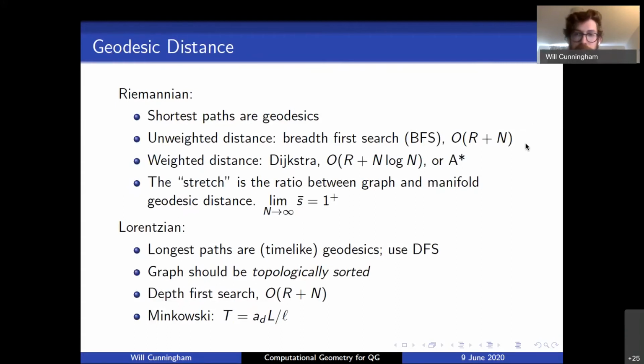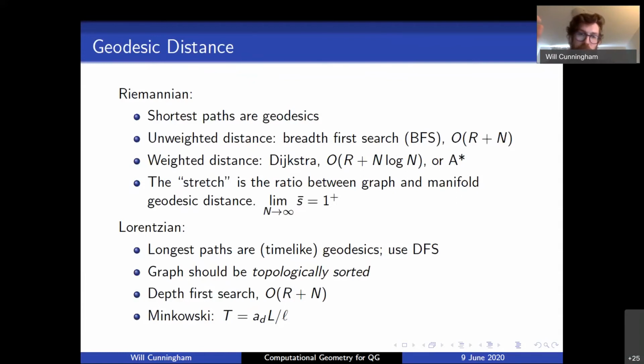It's a lot of fun to take a look at all of the different variants and how they improve on one another. So what we're going to be considering in particular for discrete geometry, if we're using unweighted distances, meaning we're not keeping the metric information from our manifold, we're just creating the graph and basically throwing away the coordinates and the distances, then we would use something like a breadth-first search algorithm.